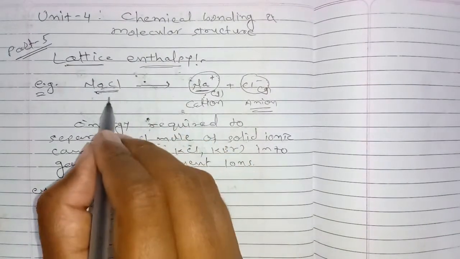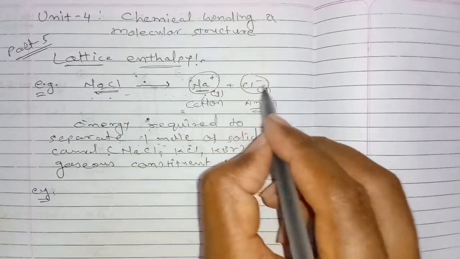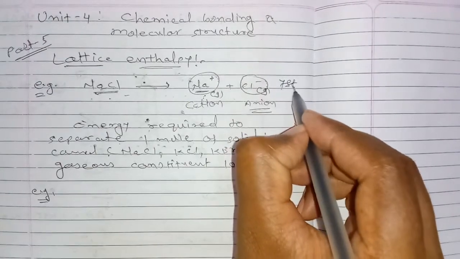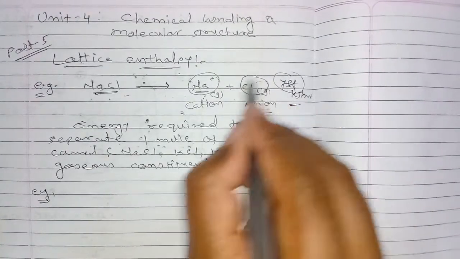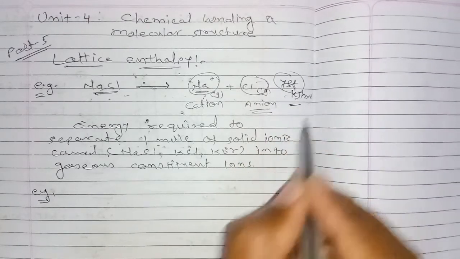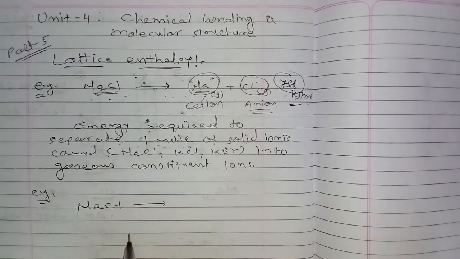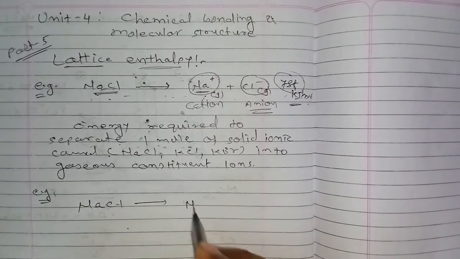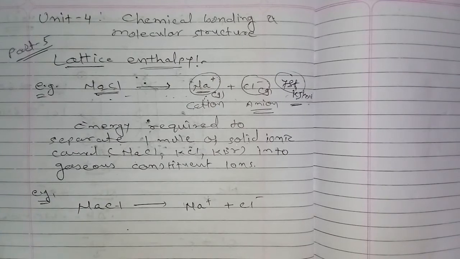For example, the lattice enthalpy of sodium chloride is 788 kilojoule. That means here we require 788 kilojoule per mole of energy to separate Na plus and Cl minus.